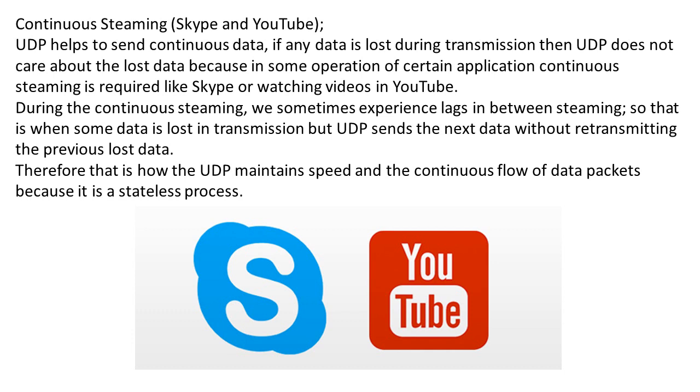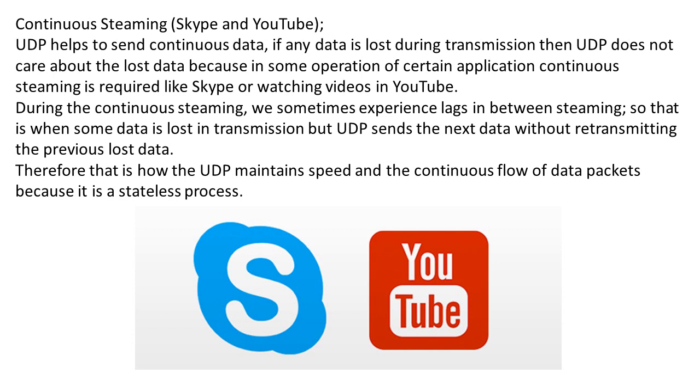Continuous streaming, Skype and YouTube. UDP helps to send continuous data across the network. If any data is lost during transmission, then UDP does not care about the lost data, because in some applications, continuous streaming is required, like Skype or watching videos on YouTube.